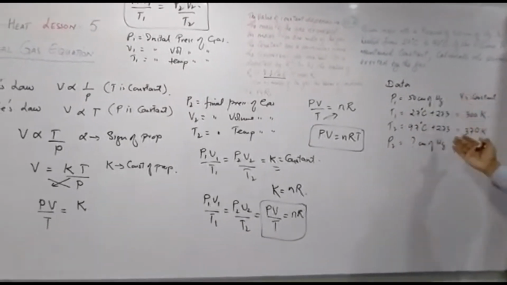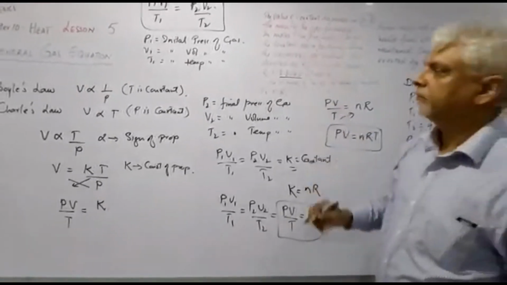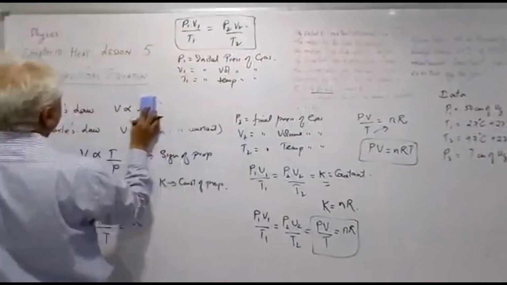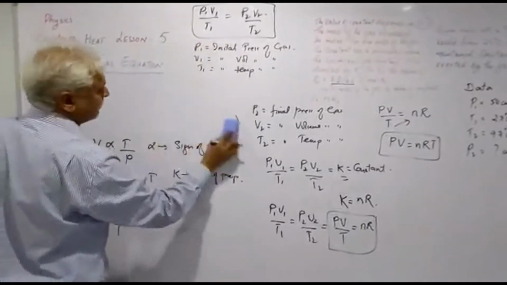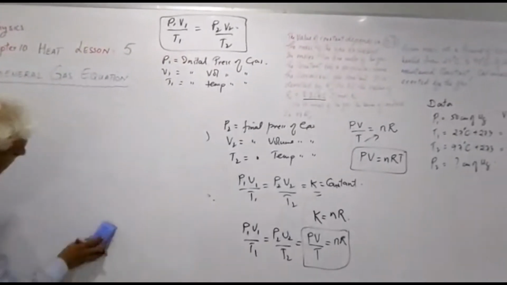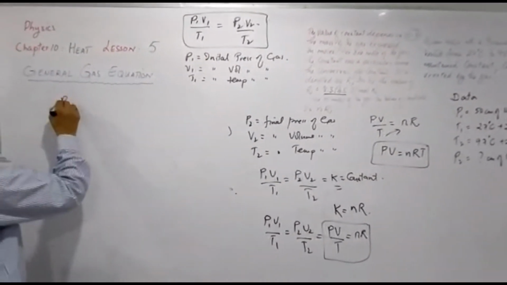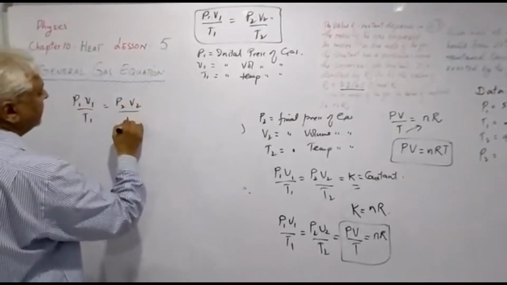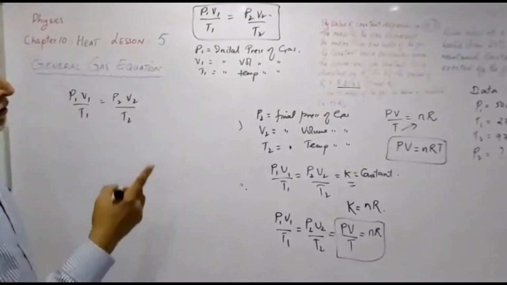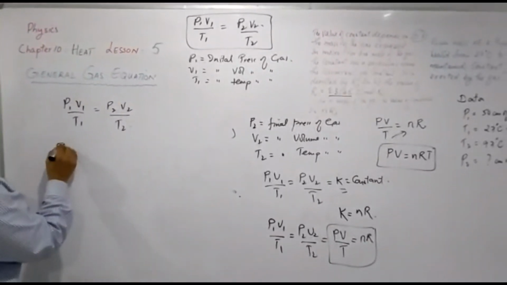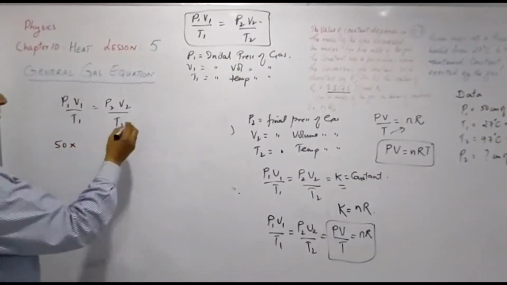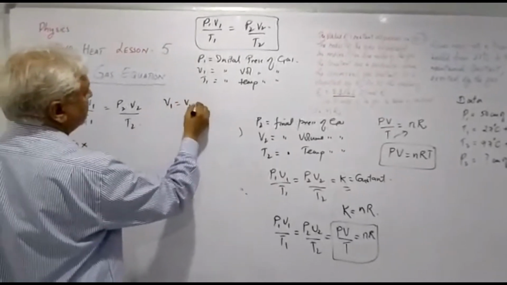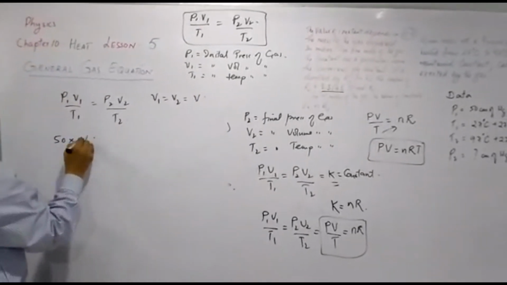Now, applying these values in this formula, let's see what we get. P1 V1 upon T1 is equal to P2 V2 upon T2. Initial pressure is 50. Volume is constant, so V1 and V2 will be the same.